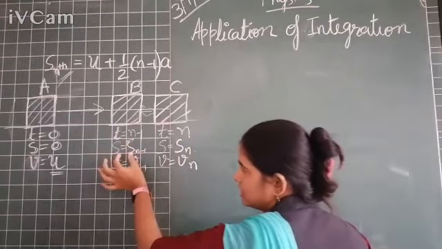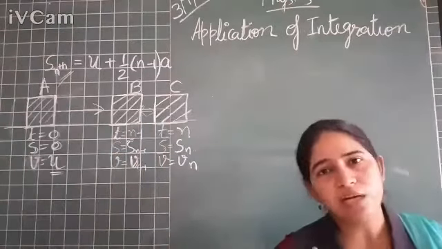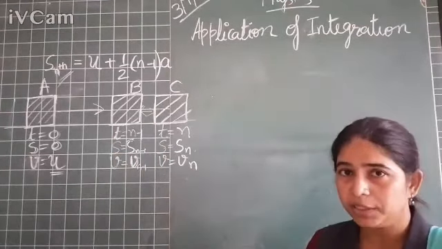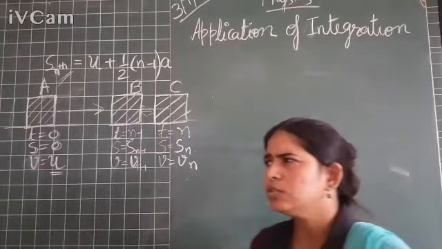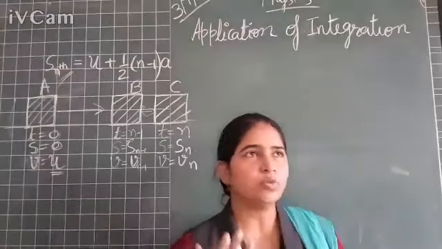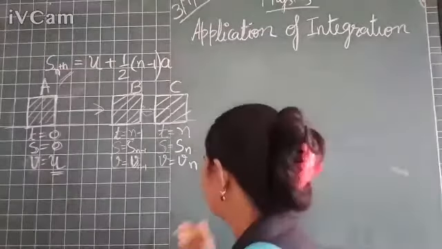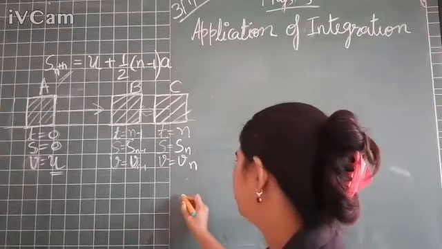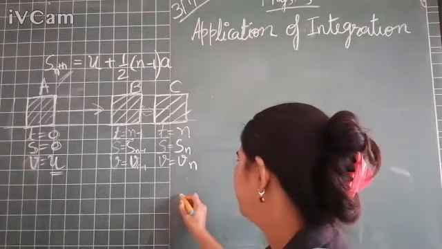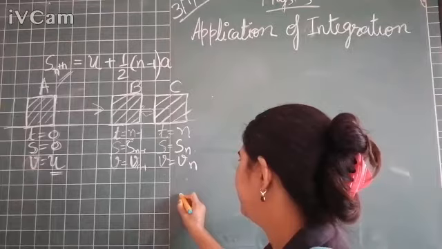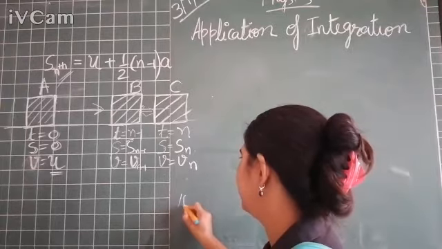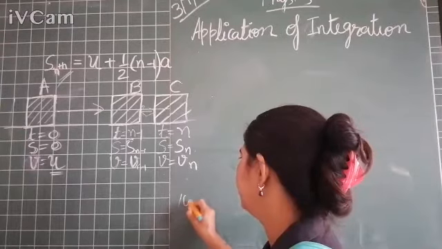Suppose the time we are assuming is 20 seconds, right? So suppose the displacement in 20 seconds is, let us assume it to be 50 meter, right? And in the 19th second, we assume, this is just for example, the displacement is 45 meter.